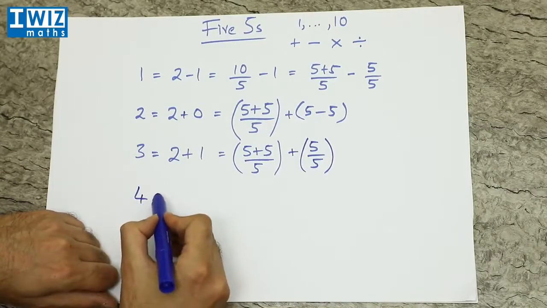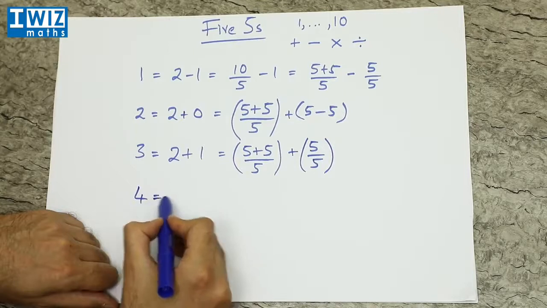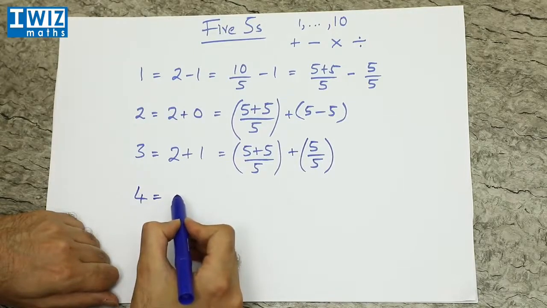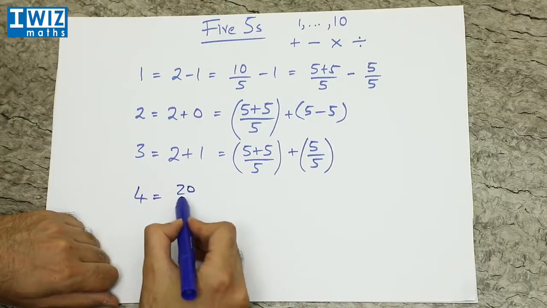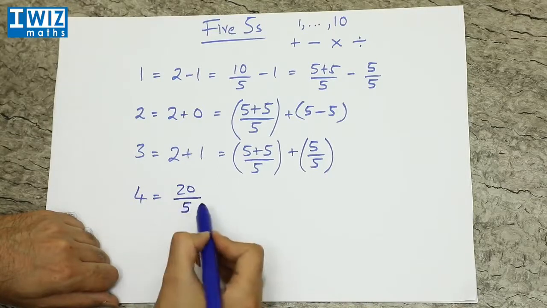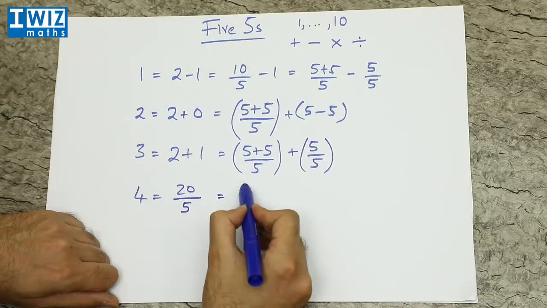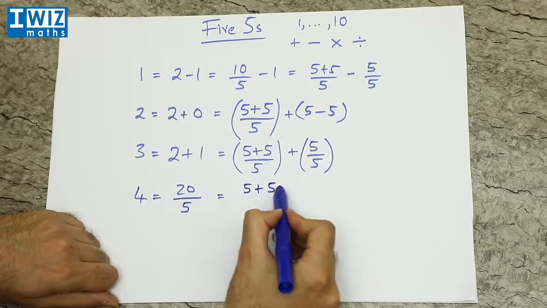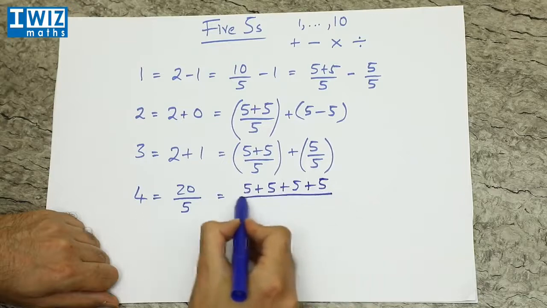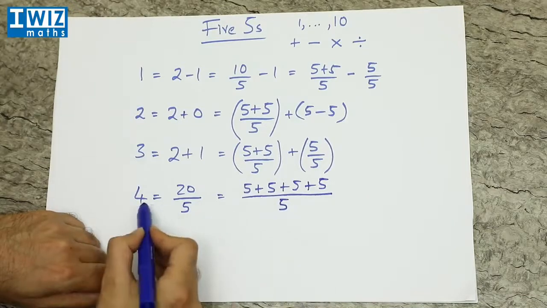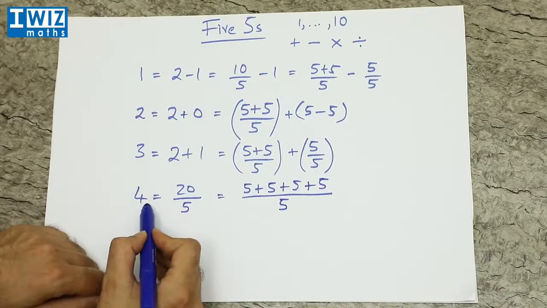Getting to the number 4, 4 is a little bit on the tricky end, so that is, let's say, 20 divided by 5, so that would be (5 plus 5 plus 5 plus 5) divided by 5, which gives us 4.